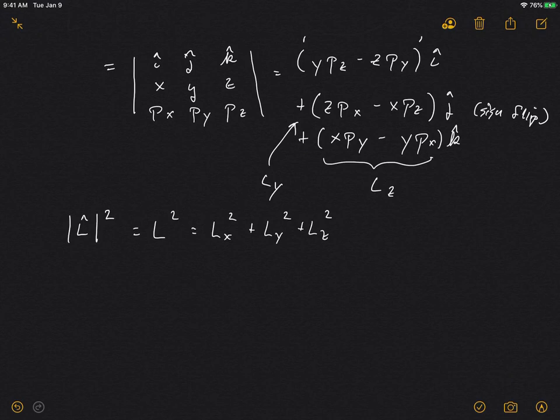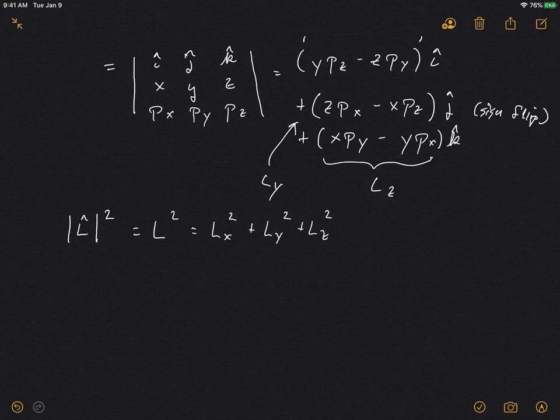But we can use this classical version. Remember, there's this correspondence principle that says that if we want to know the quantum mechanical version of an operator, we express the classical version of the observable, and then you replace position and momenta with their corresponding operators.